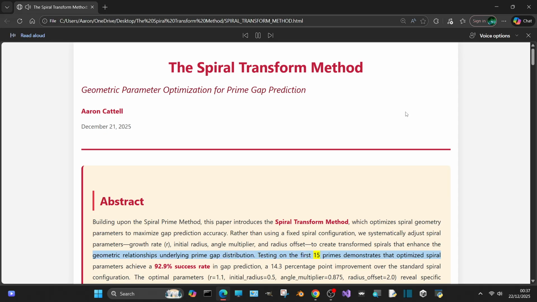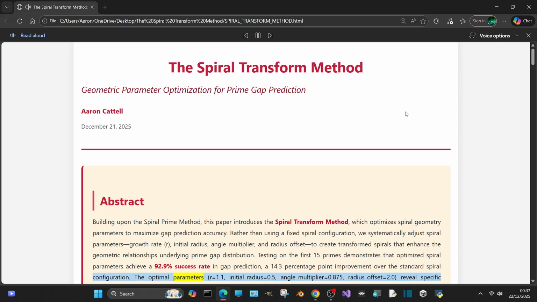Testing on the first 15 primes demonstrates that optimized spiral parameters achieve a 92.9% success rate in gap prediction, a 14.3 percentage point improvement over the standard spiral configuration.